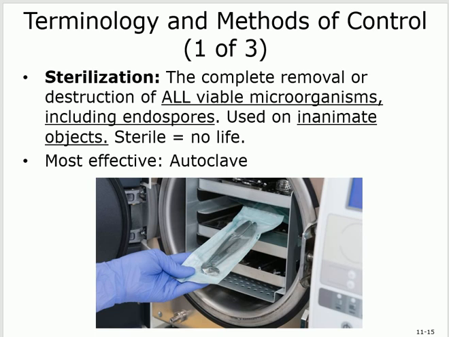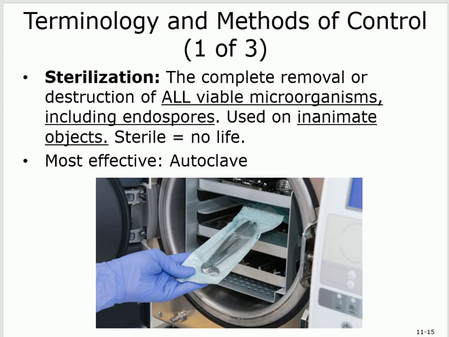This is a complete removal of all viable microorganisms, including endospores. And this is usually done on inanimate objects. The most effective way to do sterilization is? What's the most effective way? Autoclave. Obviously, this is inanimate.